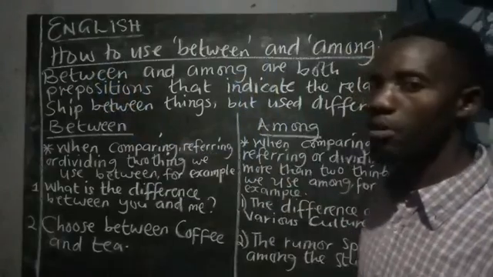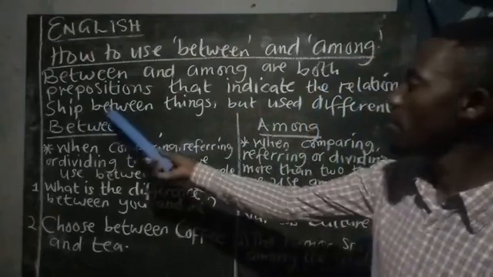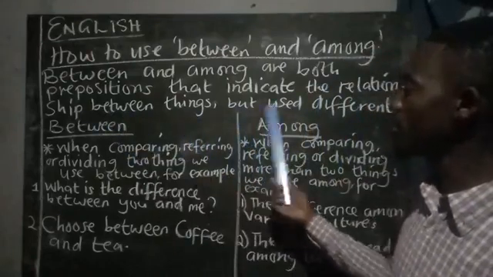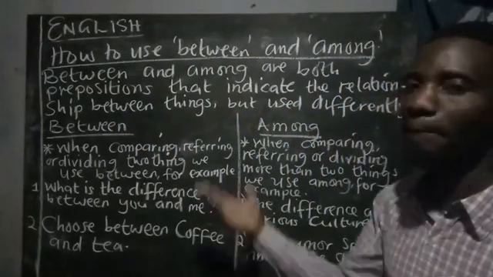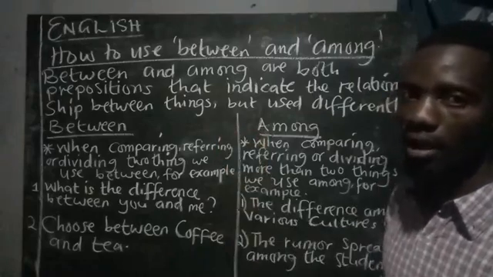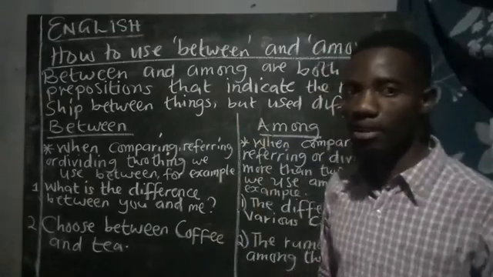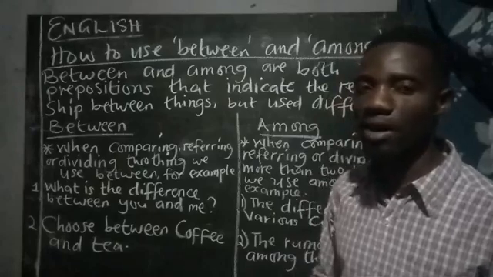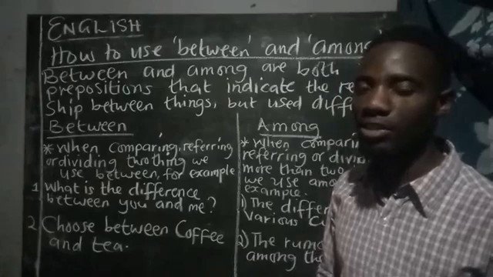Between and among are both prepositions that indicate the relationship between things but used differently. These two words are both prepositions, and prepositions fall under parts of speech. You remember the parts of speech where we talk of the pronouns, nouns, adverbs, adjectives, conjunctions, and so on.